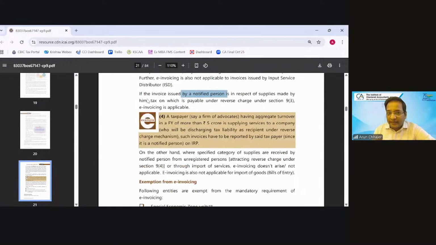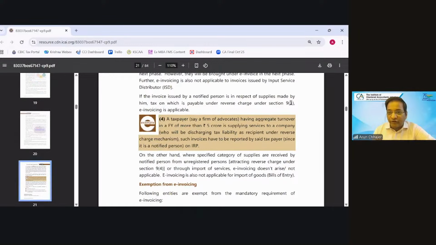So tell me one important thing for 9.3. If I am a registered advocate and my turnover is 10 crore, and you are my recipient of service and paying the tax under reverse charge, will I issue the tax invoice or will you prepare a self invoice?